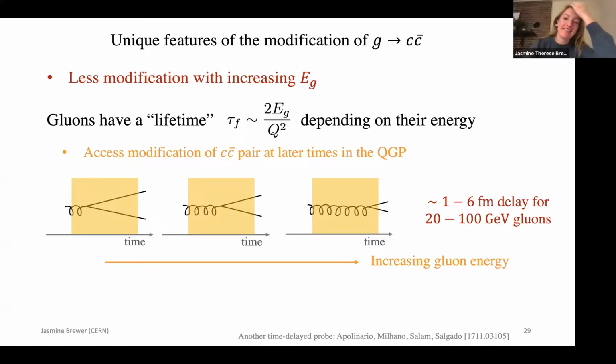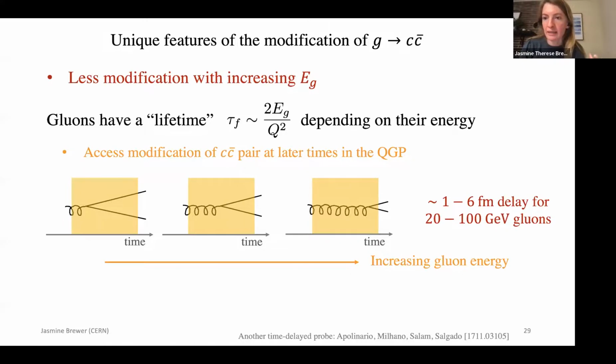Just as a side comment, one of the reasons that we're specifically interested in gluon splitting to charm quarks rather than to bottom quarks, for example, which are also heavy, is that you can get a delay of this process from the formation time for reasonable kinematics at the LHC, which would provide a pretty substantial delay in terms of the total evolution of the quark-gluon plasma.